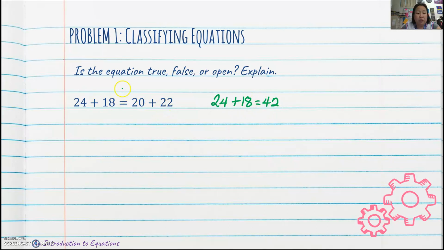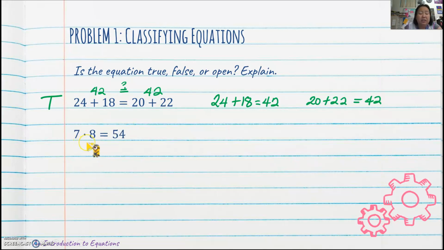Is it really equal to 20 plus 22? And 20 plus 22 is also 42, which means this equation is going to be true.